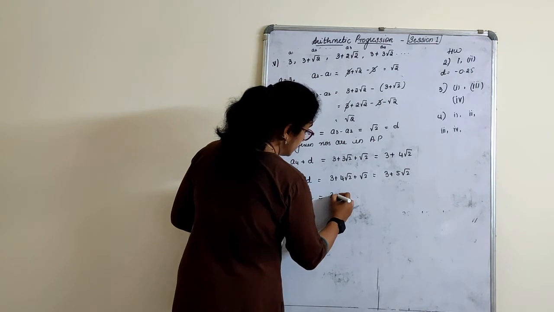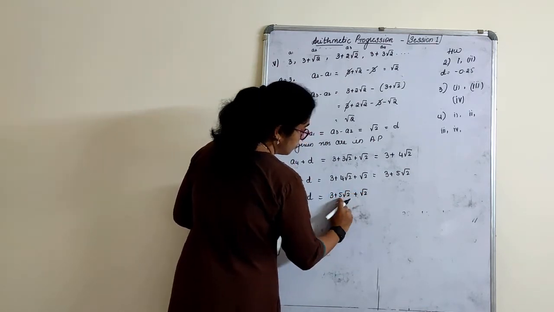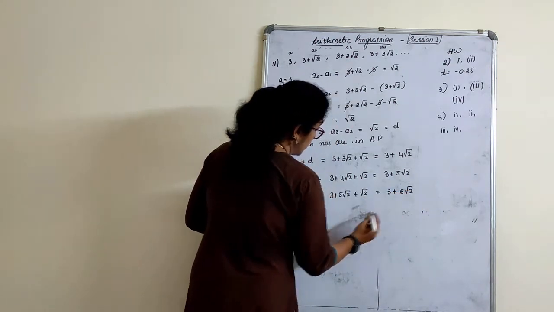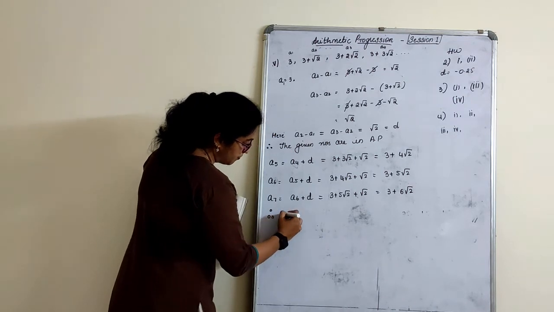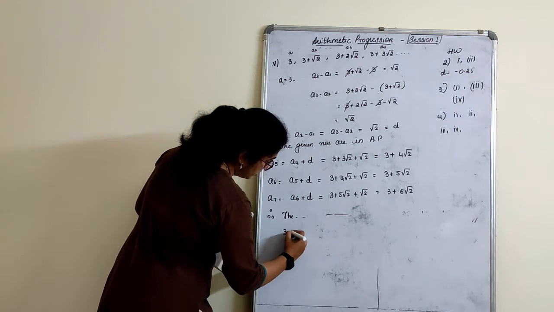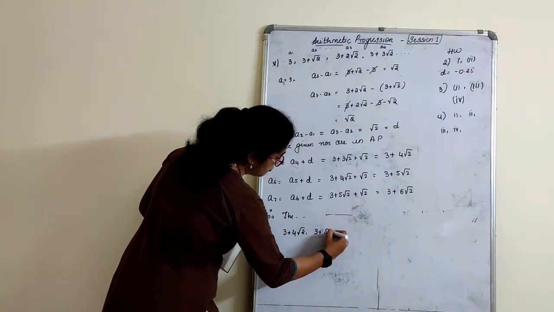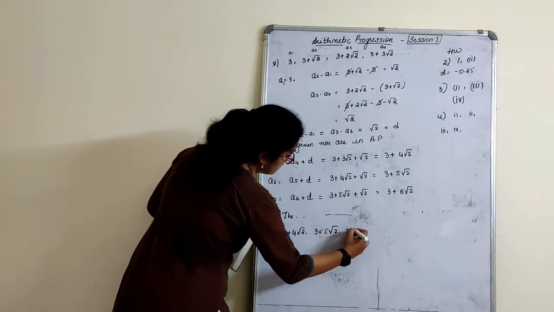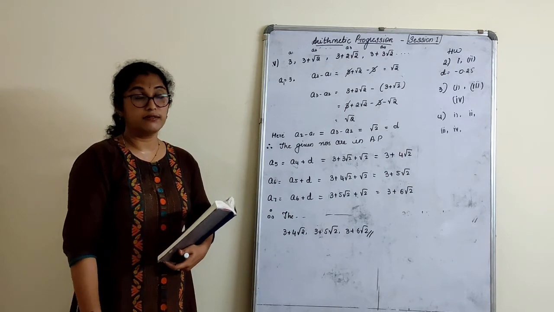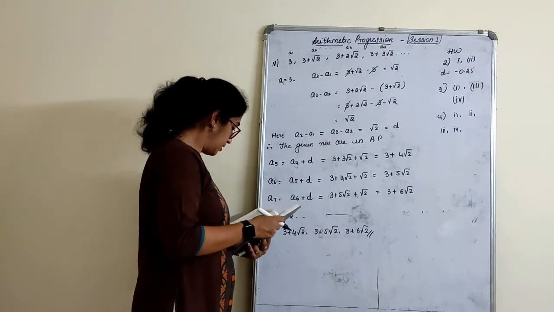A6 is 3 plus 5 root 2 plus root 2. 5 and 1, 3 plus 6 root 2. Therefore, always write the conclusion. The next 3 terms of the AP are 3 plus 4 root 2, 3 plus 5 root 2, 3 plus 6 root 2. Is this very clear? Yes, it goes a bit lengthy, but you have to do this with all the steps.